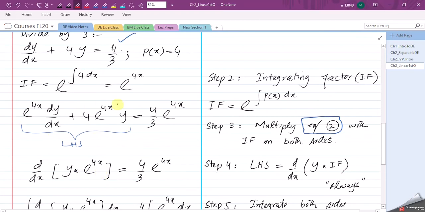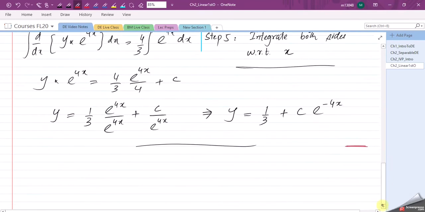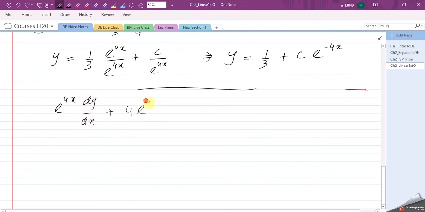Is this left hand side equal to this? And how do we know that? Okay, let's write it again. It is e raised power 4x dy by dx plus 4 e raised power 4x y.